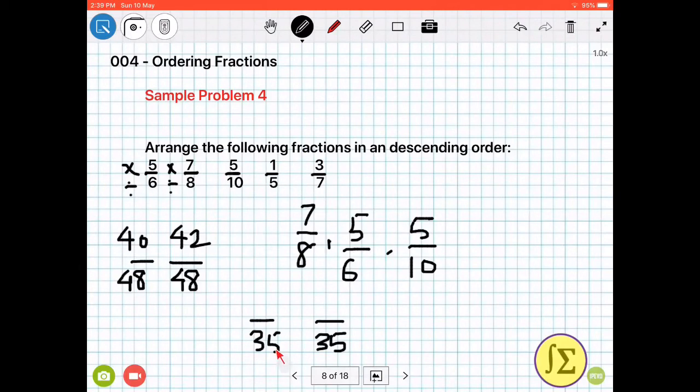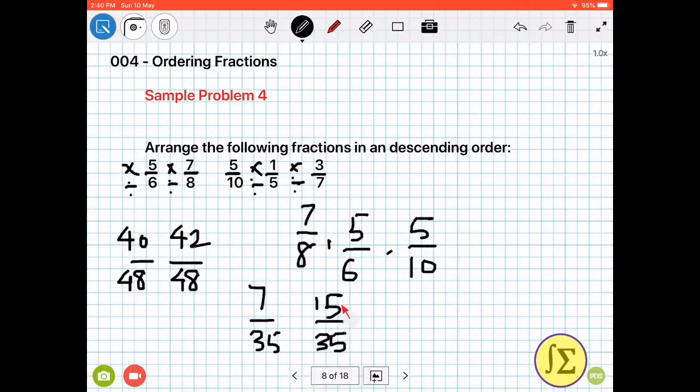Okay, so 35 divide by 5, multiply with 1. 35 divided by 5, 7, multiply 1, you get 7. And then 35 divided by 7, and then multiply with 3. 35 divided by 7, you get 5. Multiply by 3, you get 15, right?